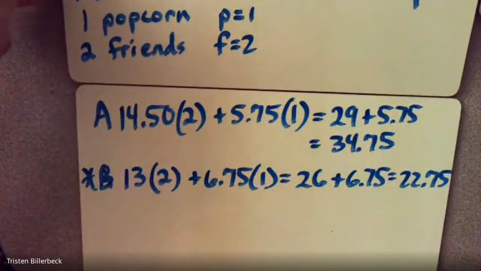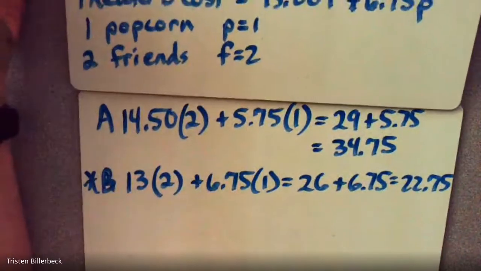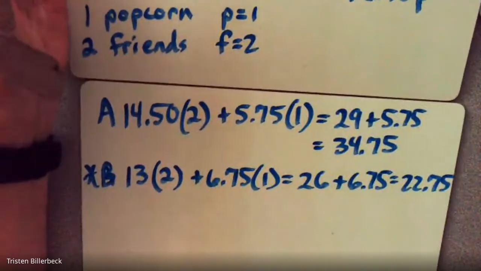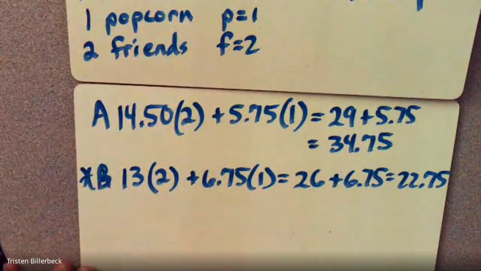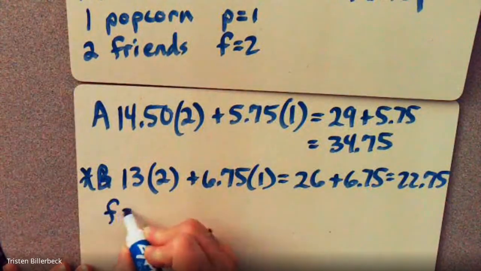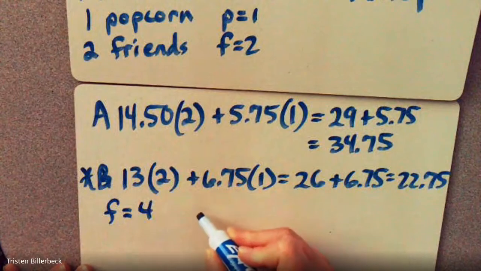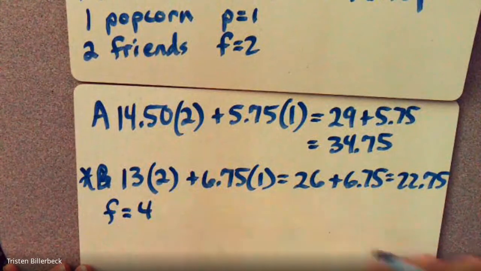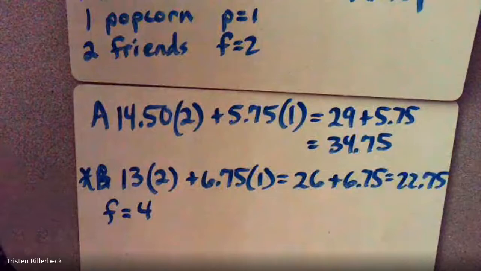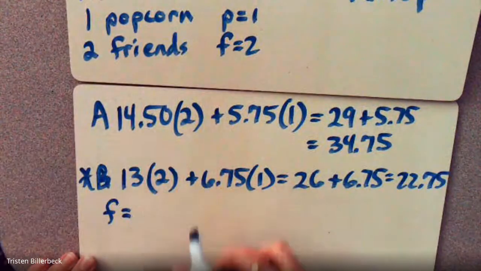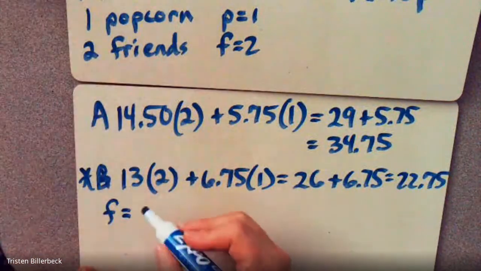Okay, but let's say we had a few more friends. Let's do 5 friends and 2 popcorns, because then that's not going to be proportional.